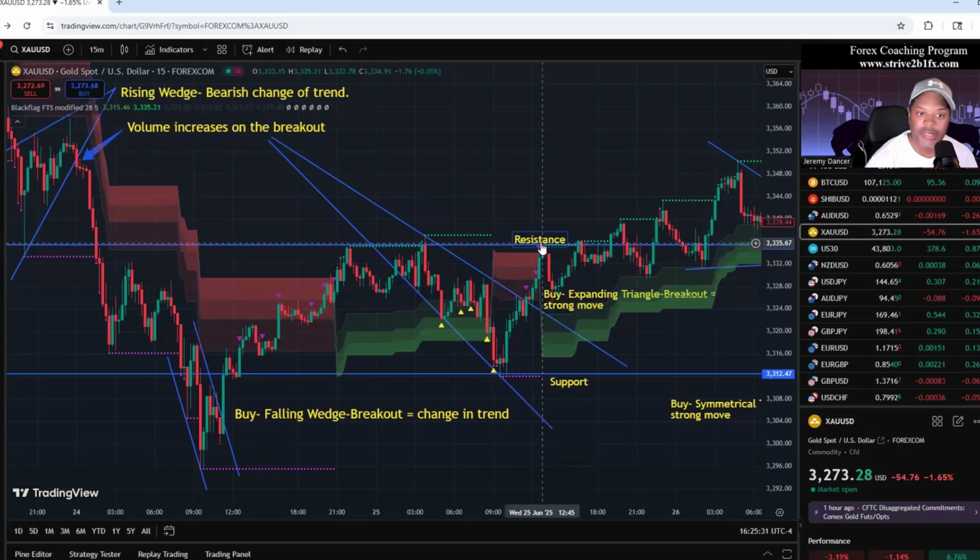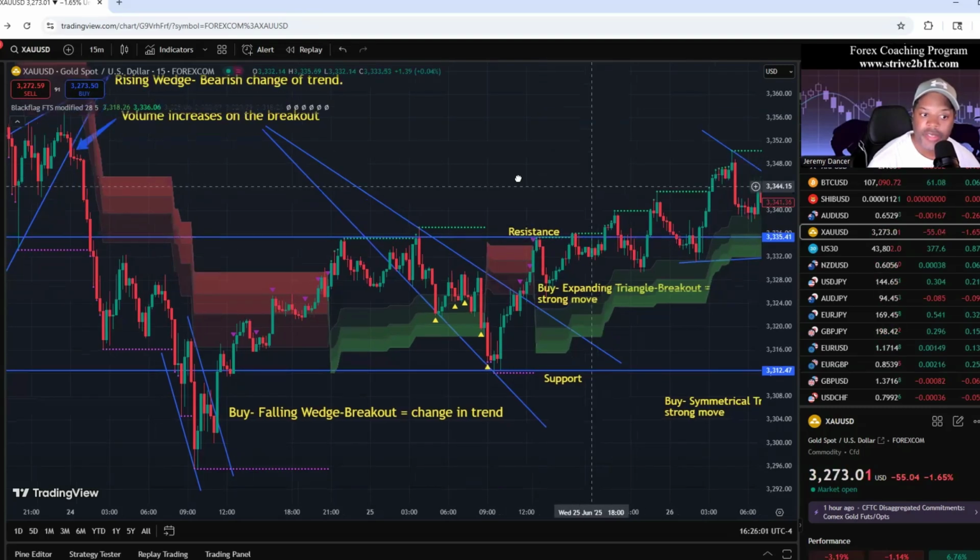And this is because since it's not a wedge pattern, most likely this move is not going to be strong enough to push through the resistance. And you can see that this area of resistance was tested several times. So you would have most likely closed your trade here, and then you would have waited for another pattern to form.